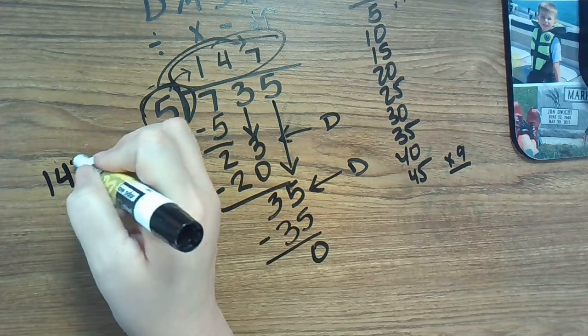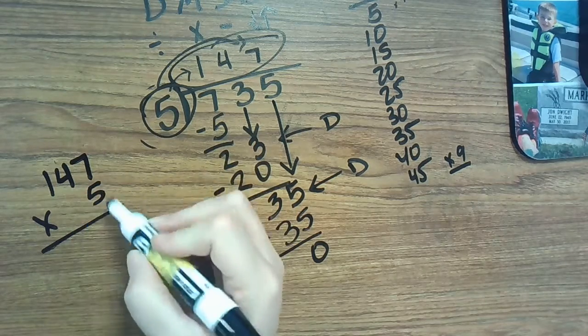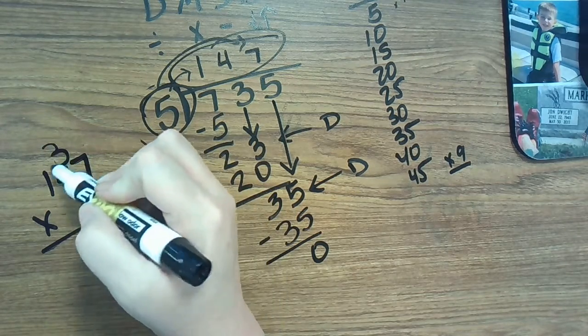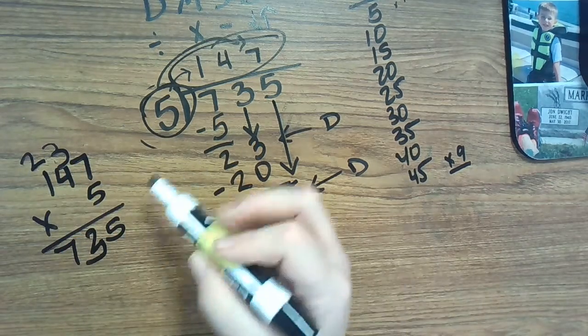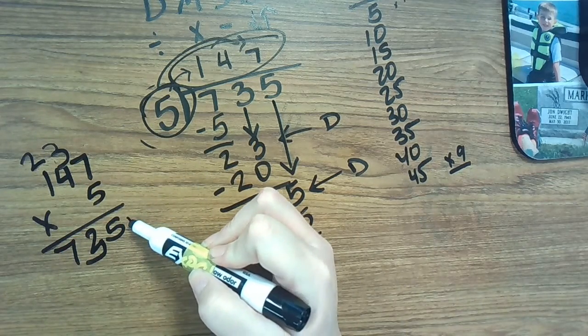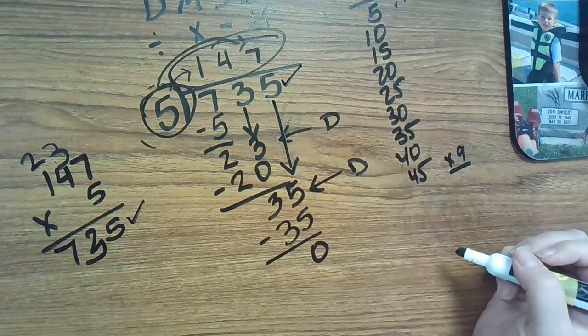So I'm going to multiply 147 times my divisor, which is 5, and that is 35, 23, 735. And so my product equals my dividend, so we got it right.